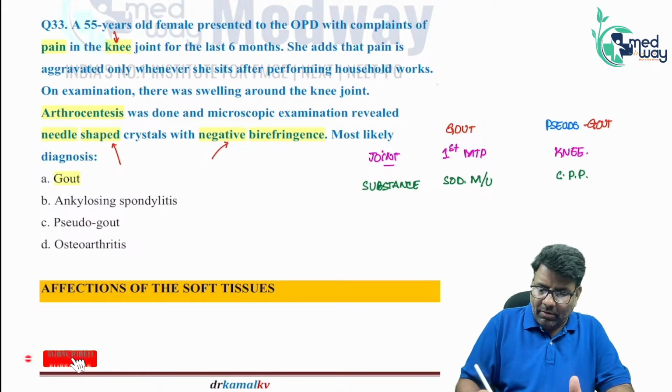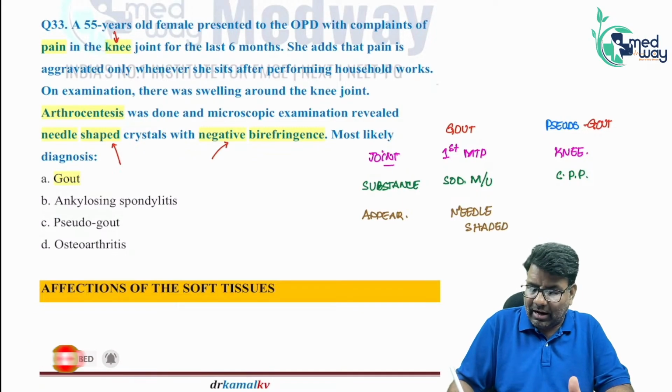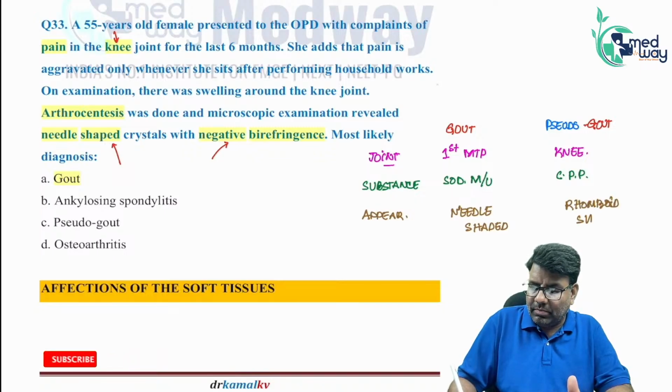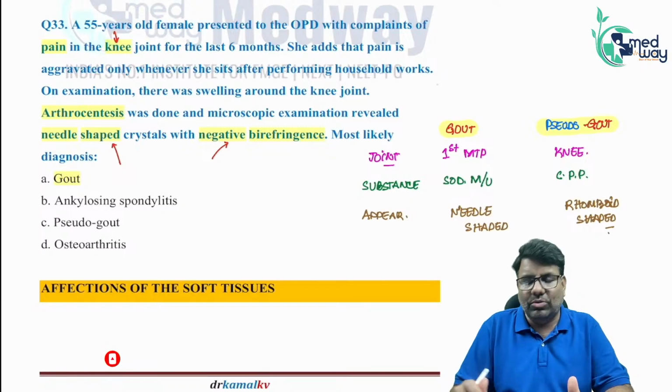And thirdly, when we do microscopy, we look at the appearance. This is needle shaped crystals which are negative birefringent, and here we'll see rhomboid shaped positive birefringent crystals. So this is in short the difference between gout and pseudo gout.